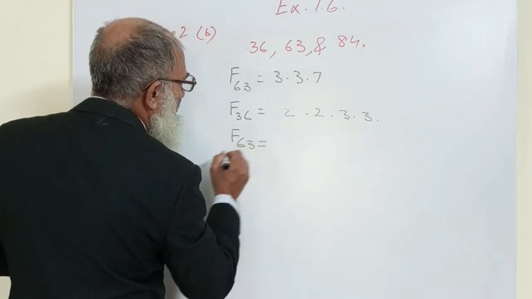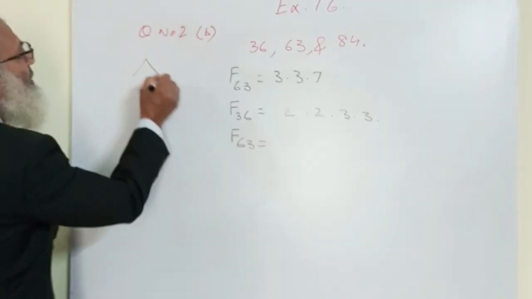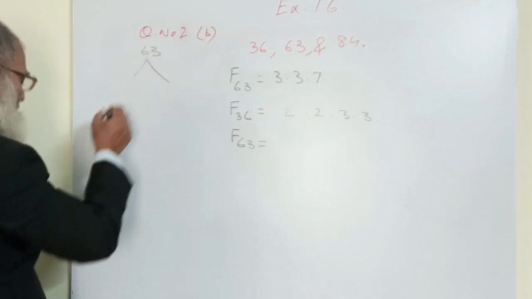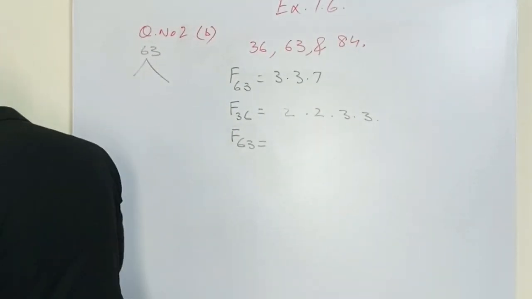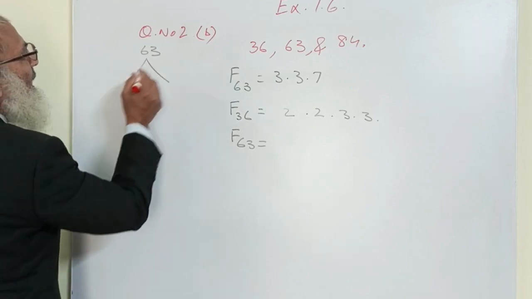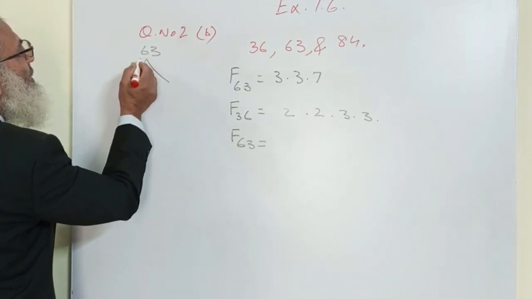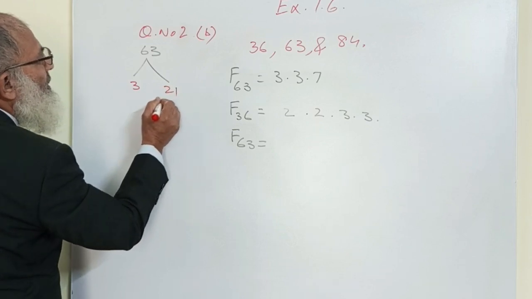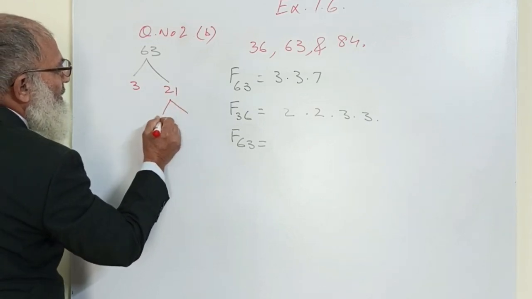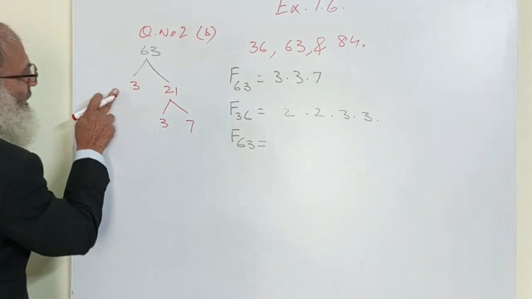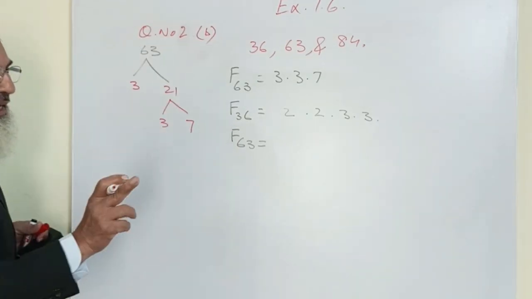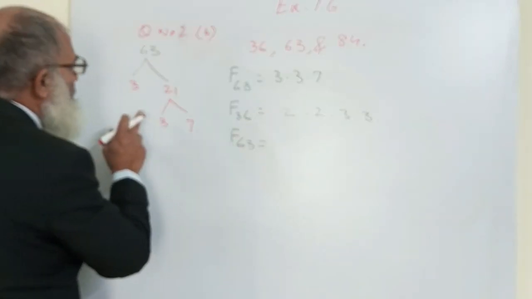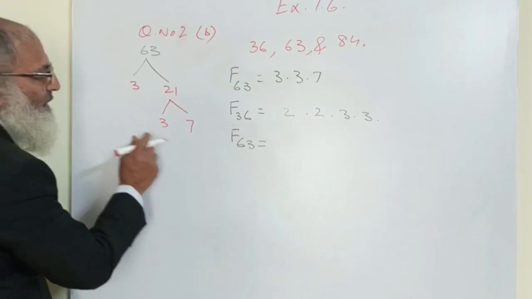For 63, what we have here is 63, and the factors are 3 times 21 and 3 times 7. You see there are two threes, and in my solution I wrote only one 3.